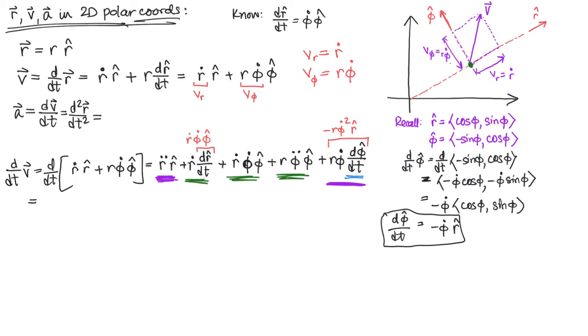And notice that this first green term and the second green term are exactly equal to each other, so we get 2 times that term. Okay, so we have 2 terms in the r hat direction and another 2 terms in the phi hat direction.